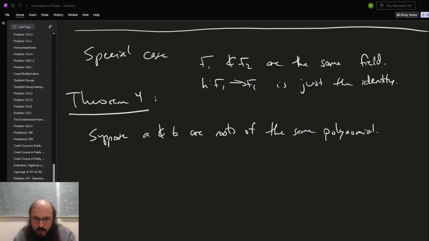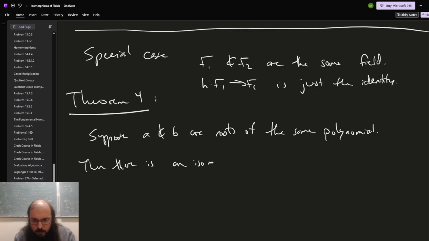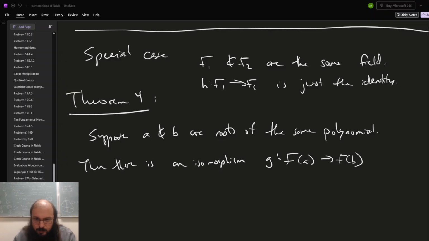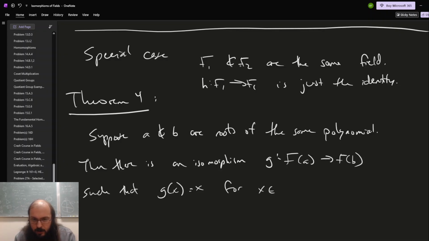Okay? Then there is an isomorphism, which he calls G, F(A) to F(B), such that G of X equals X for X in F, G of A equals B. I stopped writing the ones.